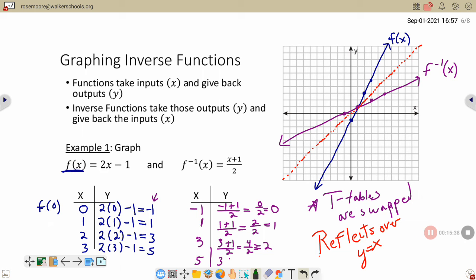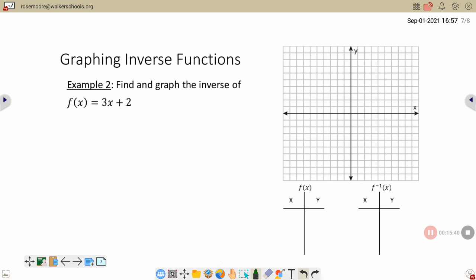Okay, I'm going to do another. Now this is more like the problems I will be giving you in the future. I will tell you to find the inverse, and then graph it. So we're going to go through our finding the inverse process. I know I need to change this to y before I can proceed.